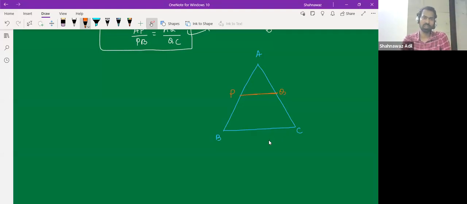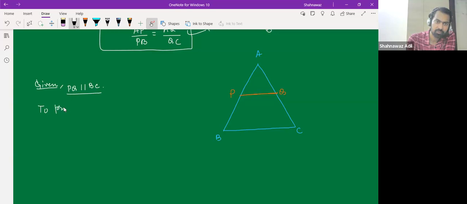What is given? Given is that PQ is parallel to BC. And we need to prove that AP by BP is equal to AQ by QC. So the idea is that first we'll use a construction.